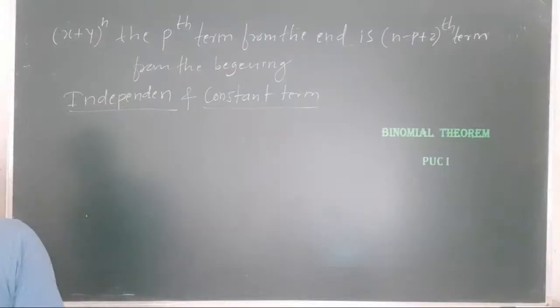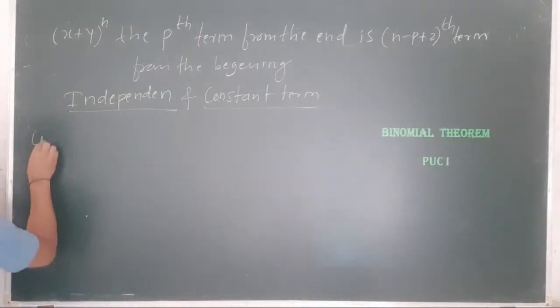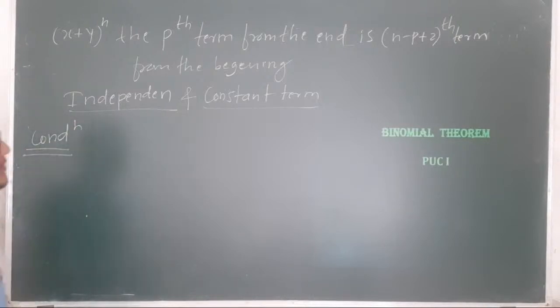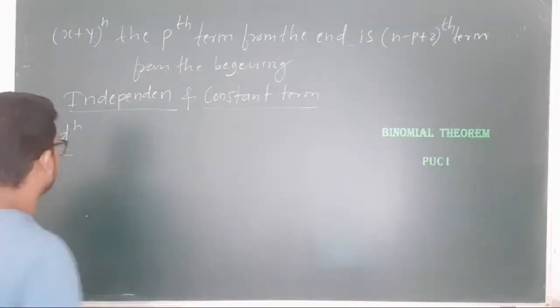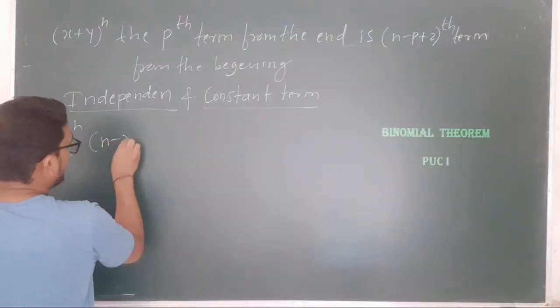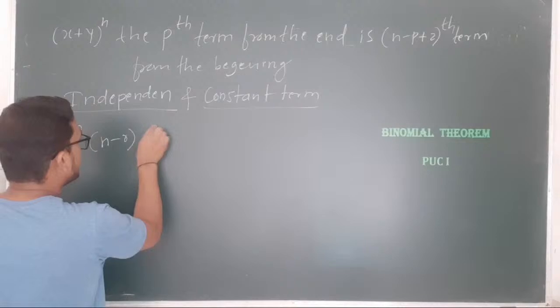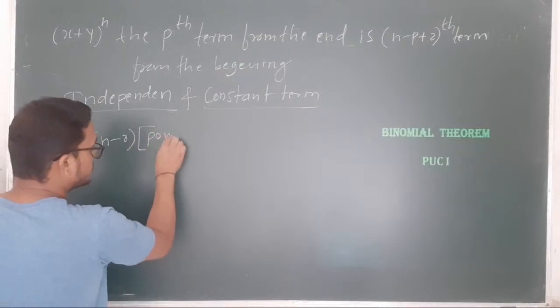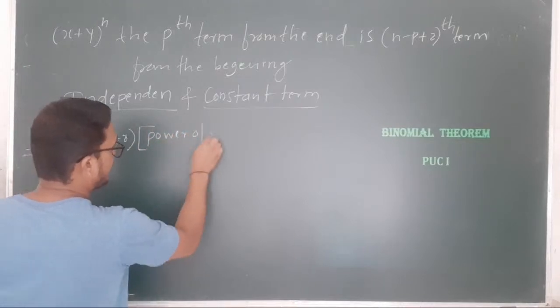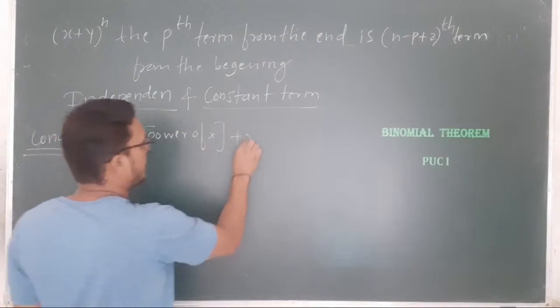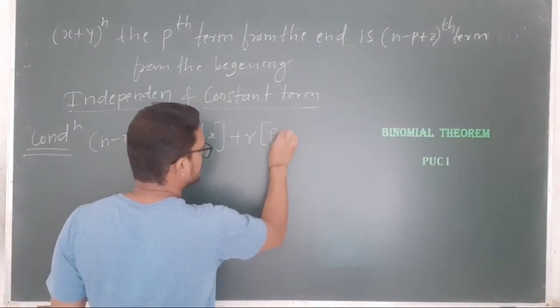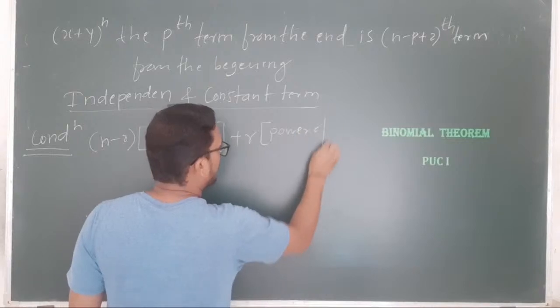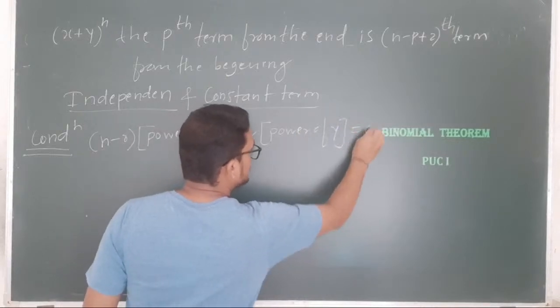Next, for that independent term or constant term, there is a condition. That condition is: (n - r) times the power of x plus r times the power of y equals 0.